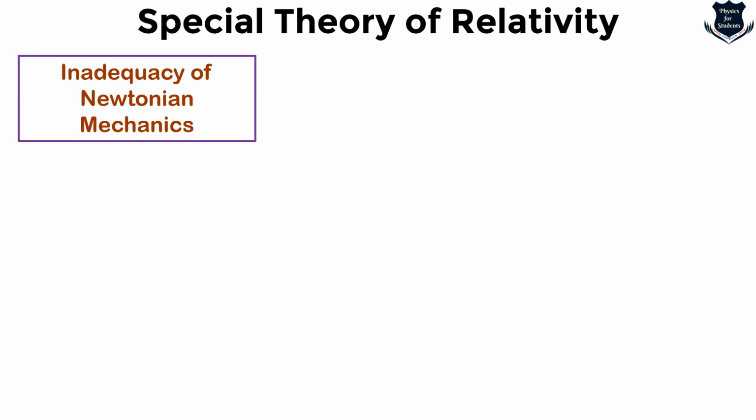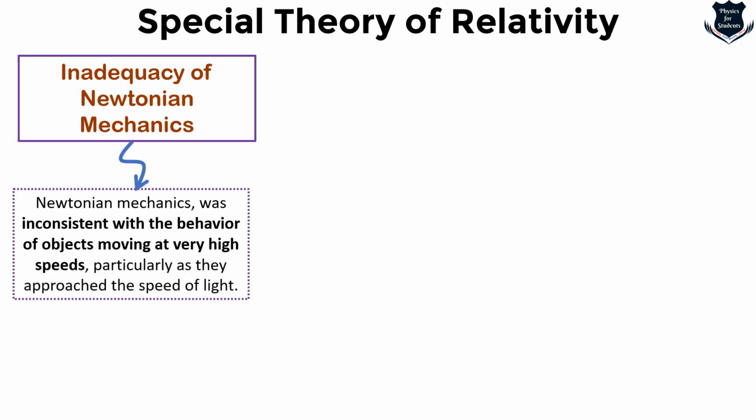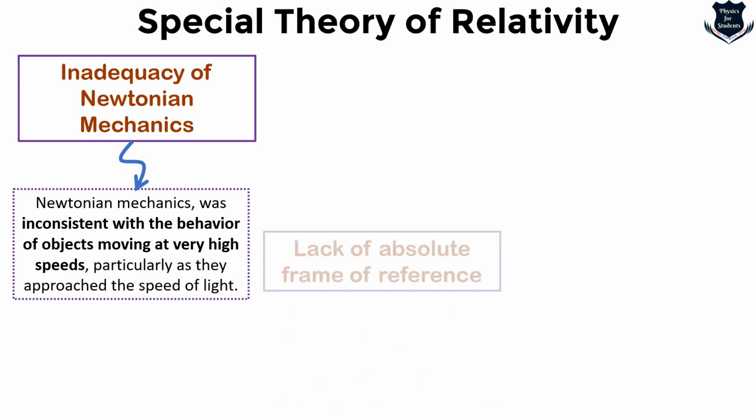The next thing we find is that there is an amount of inadequacy in Newtonian mechanics, because Newtonian mechanics was inconsistent with the behavior of particles or objects moving close to the speed of light. So the need of the hour was a new theory which would reconcile with the inadequacy of Newtonian mechanics.